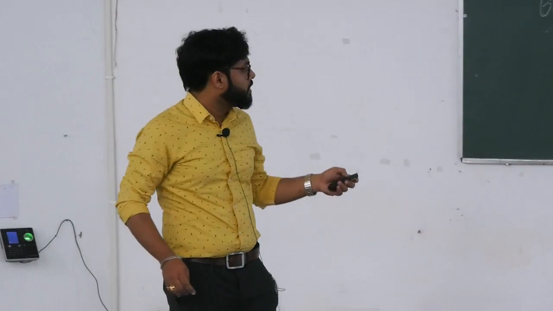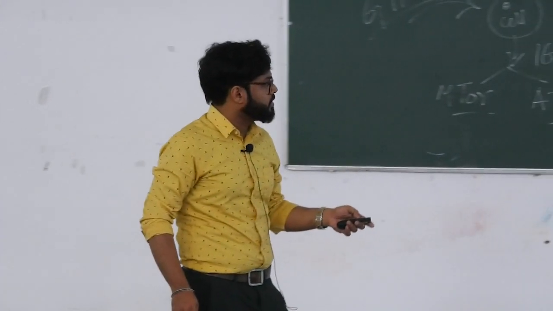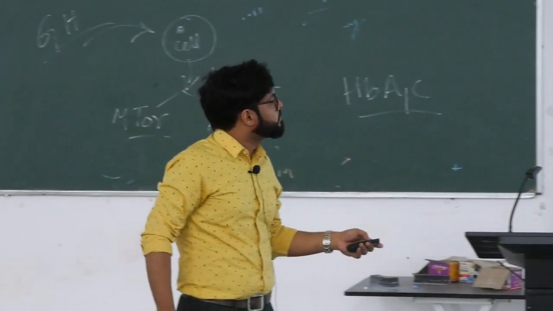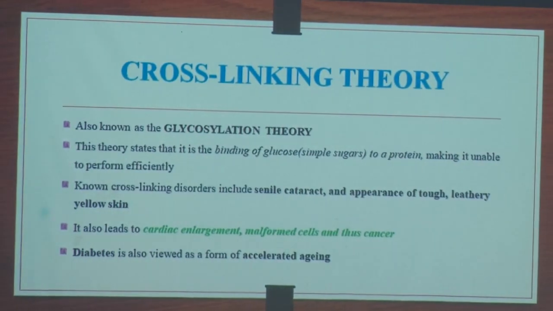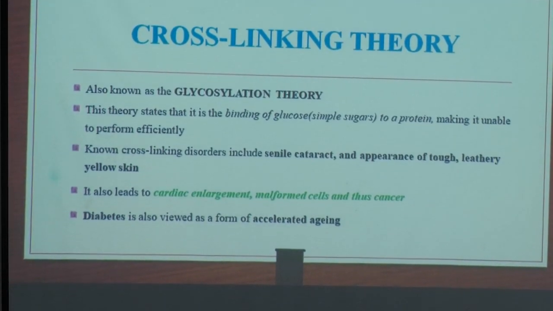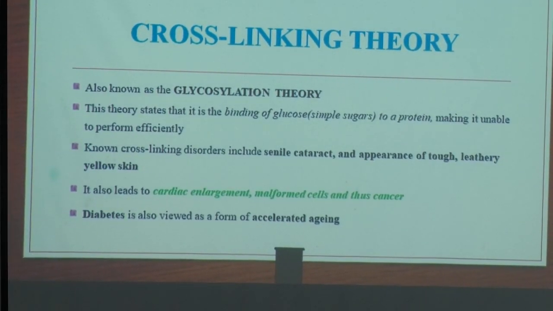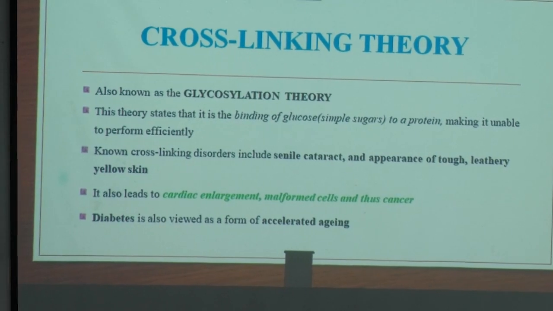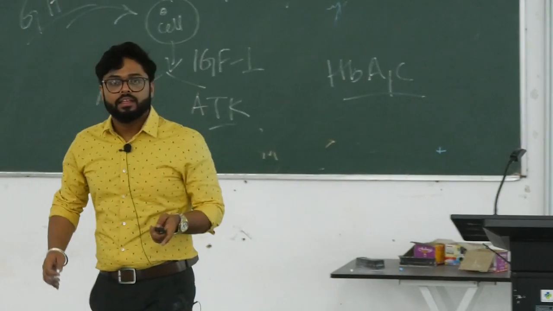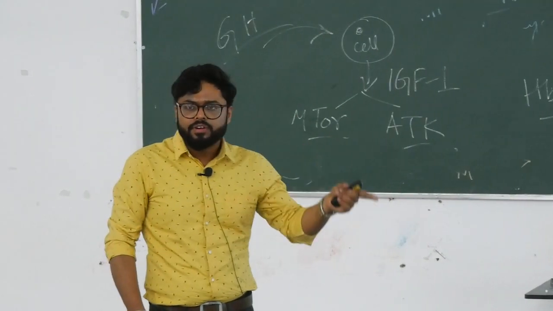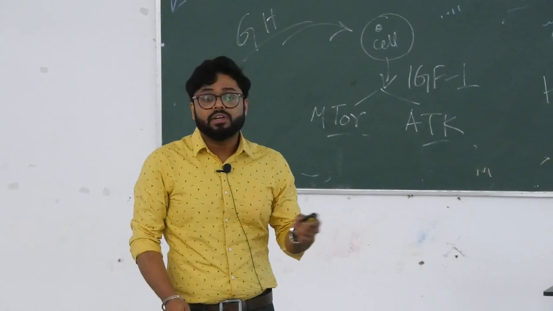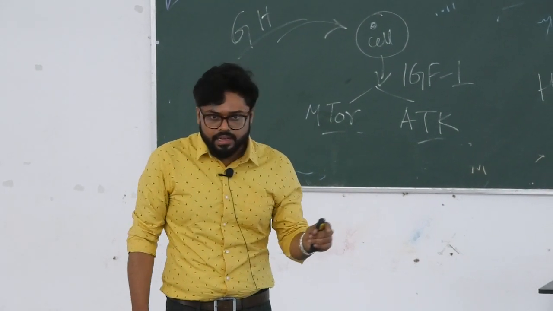That is why diabetes is viewed as an accelerated aging state, and there are other diseases where accelerated aging is implicated in pathogenesis, like senile cataract and scleroderma, meaning appearance of tough leathery skin.